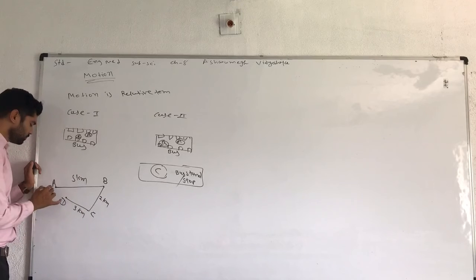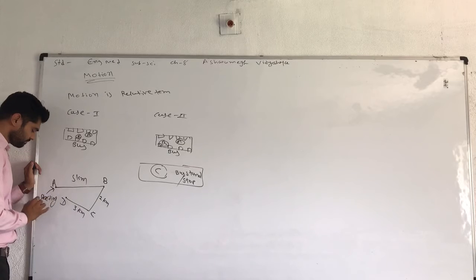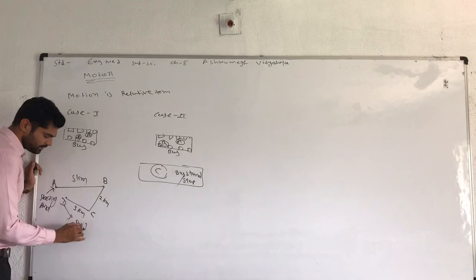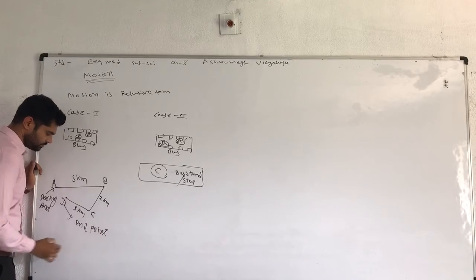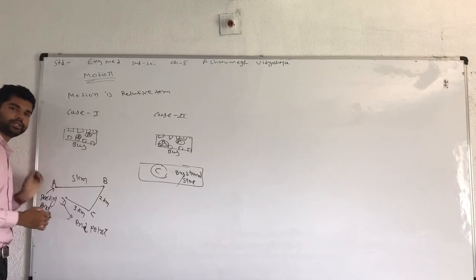So point A is the starting point and point D is the end point.